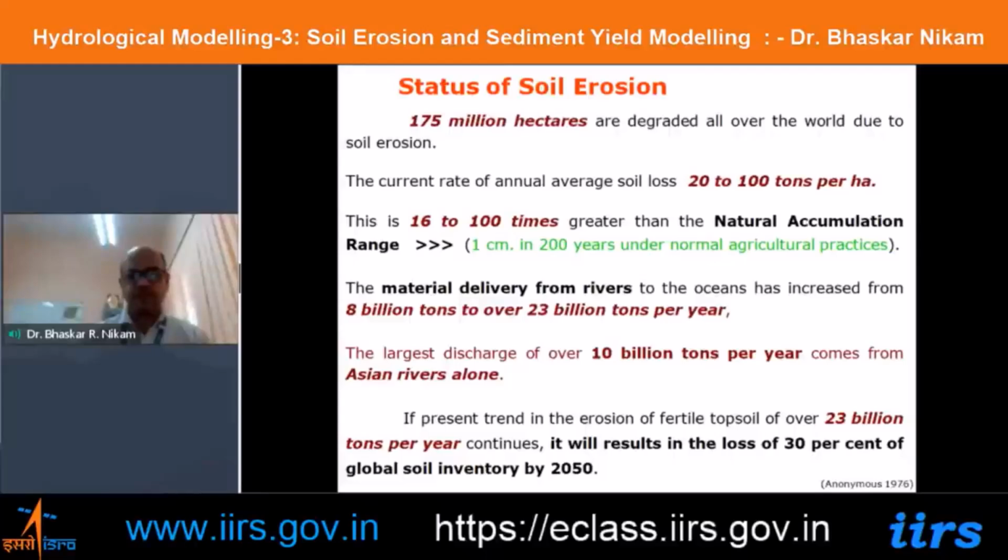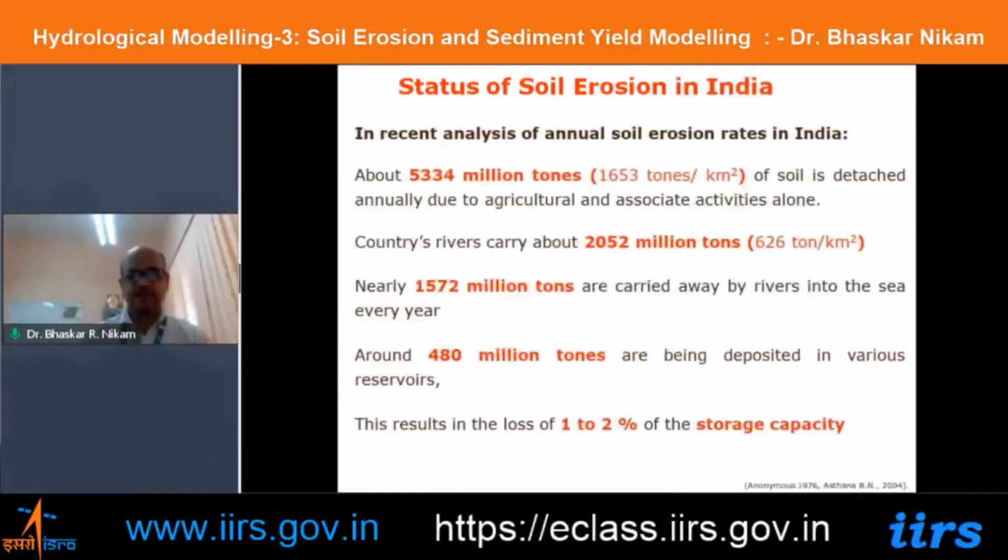We have seen the status of soil erosion globally. So what's the scenario in India? Are we behaving differently? Are we at a severe stage of this, or at a comfortable stage? What you can see here is that the condition in India is also not very good.